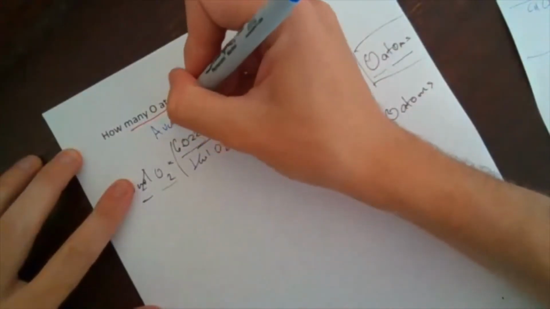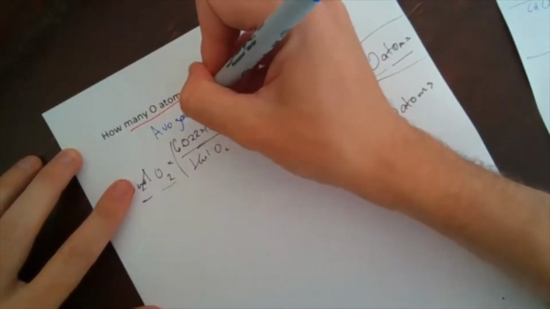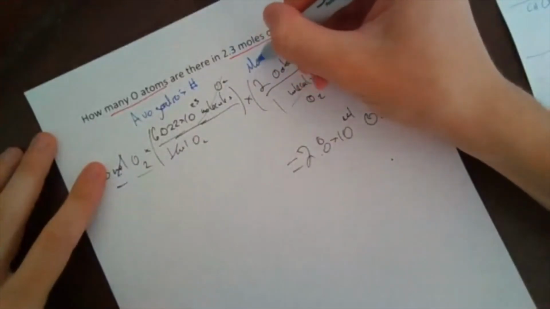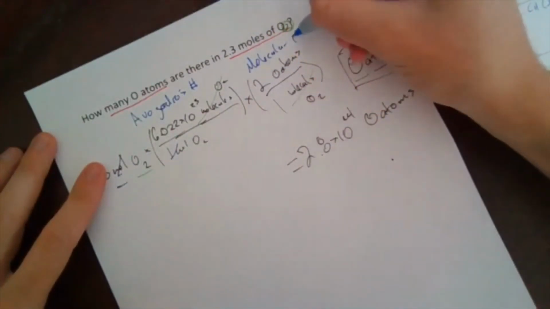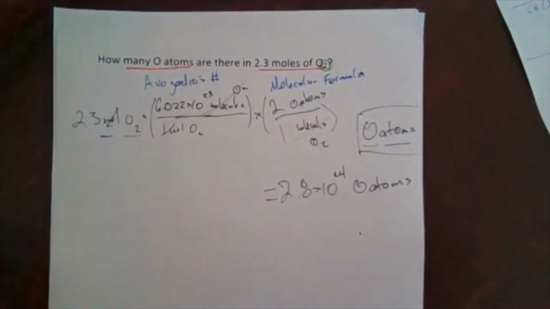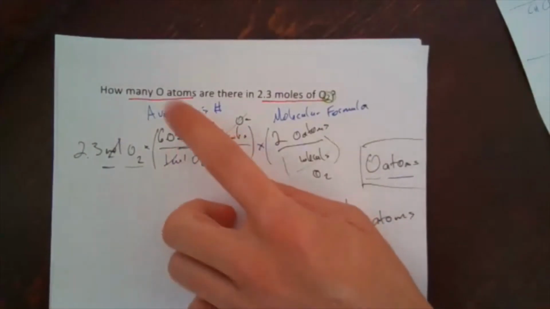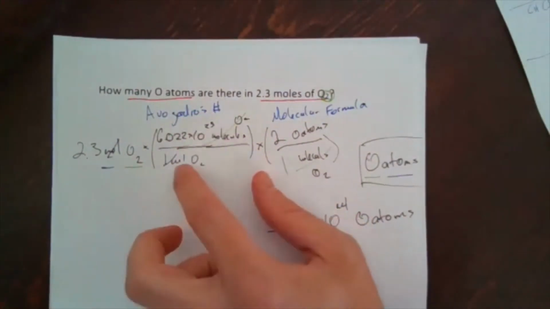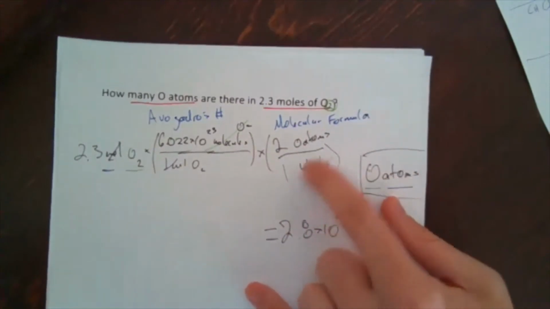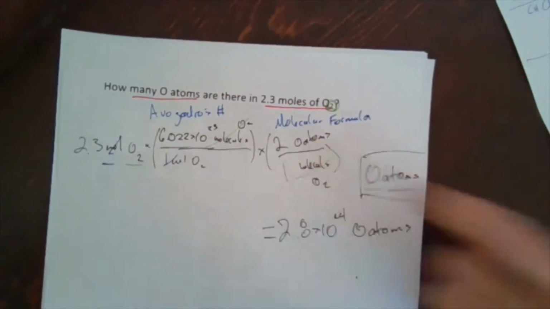This is still Avogadro's number, and this still comes from the molecular formula. So those are the same conversion factors we saw. Avogadro's number lets you change, are you counting by group, counting individual? Molecular formula, are you counting the molecule as a whole or individual atoms?